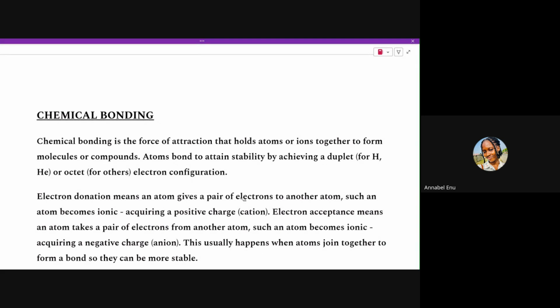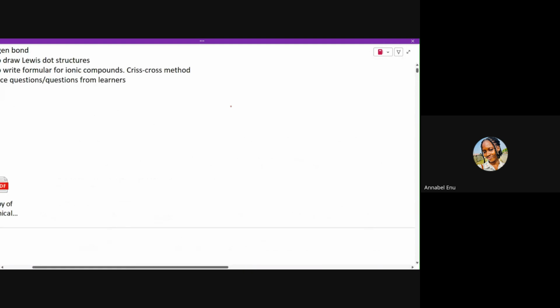Okay, so we cannot be seeing sodium, for example, bonding with magnesium or sodium bonding with potassium because that is not how it works. There is how bonding works, and that is what we are going to be seeing in this lesson. Okay, so we have seen an introduction in the periodic table.